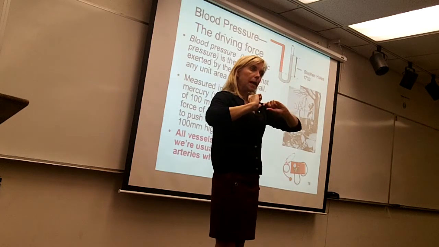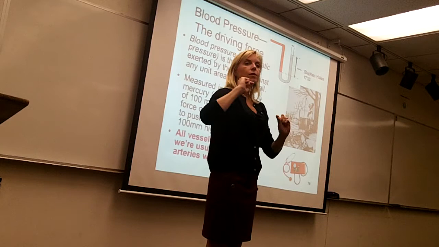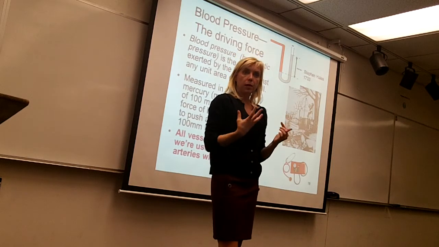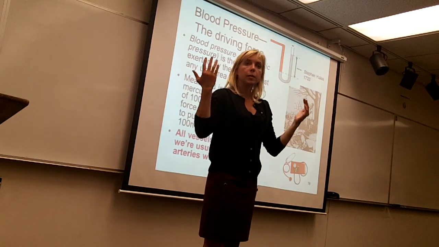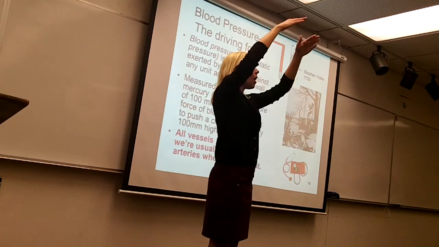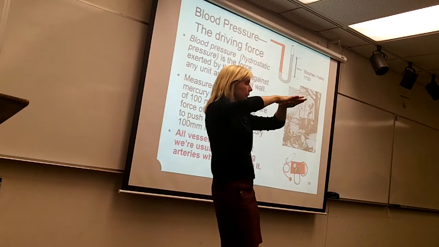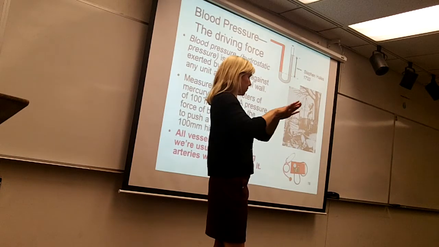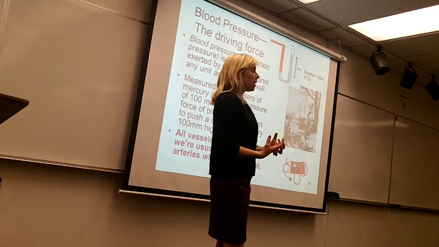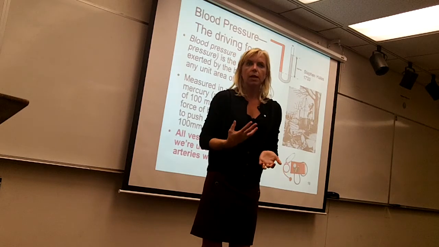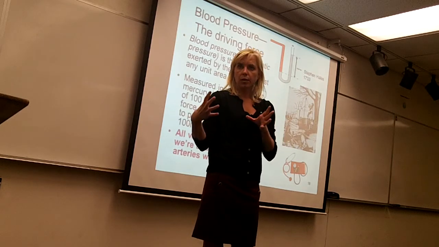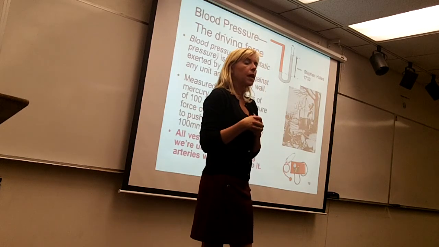He actually measured that in millimeters, and that's why the units for blood pressure are millimeters of mercury. When the horse's heart relaxed, the column of mercury went down to a more inferior level. It fell under the force of gravity. So that was diastolic pressure, again with the units millimeters of mercury.